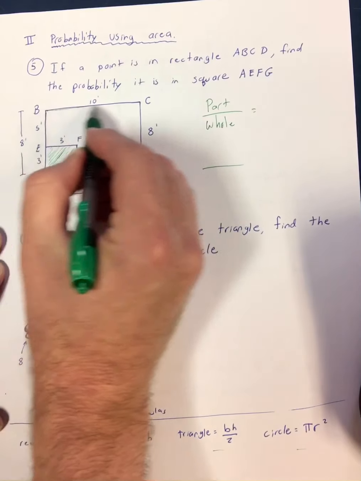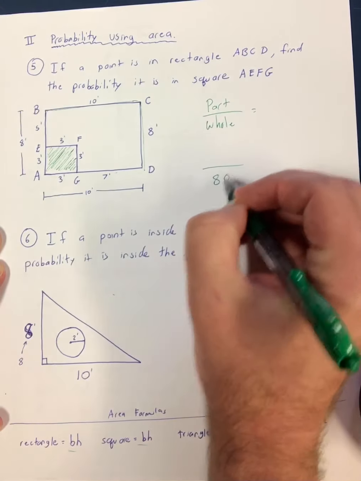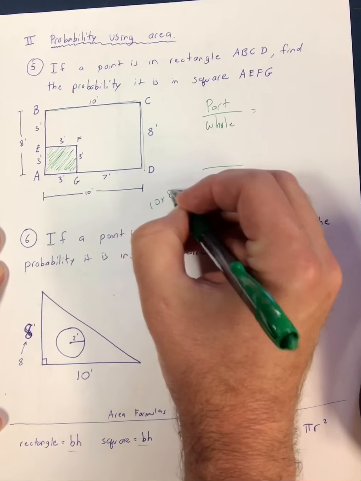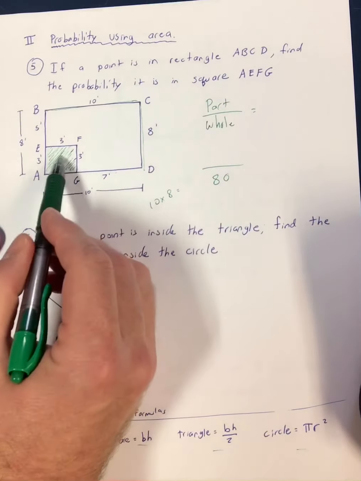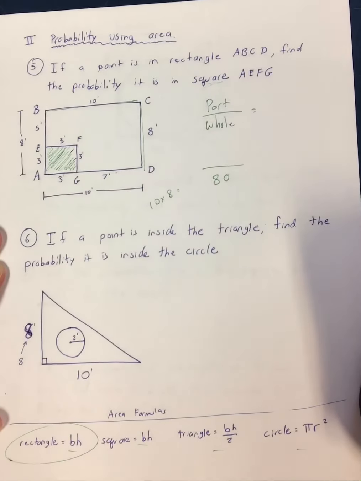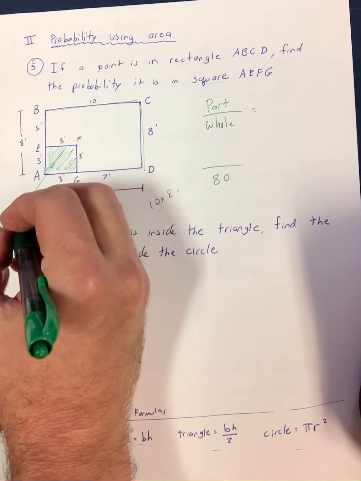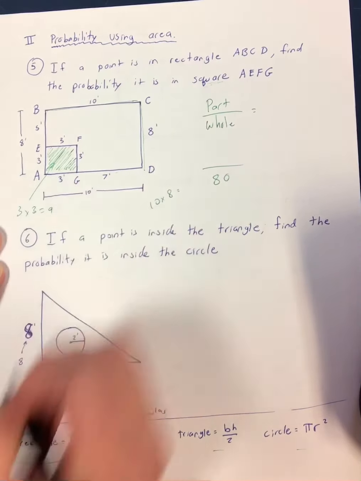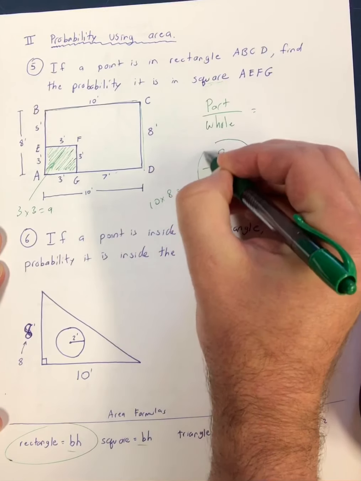So the rectangle is 10 by 8. That is 80 area, because 10 times 8, which is the area of a rectangle, is 80. The part is going to be the square, the shaded region over here. The square is found by doing 3 times 3. 3 times 3 is 9. So I'm going to put 9/80 right there.